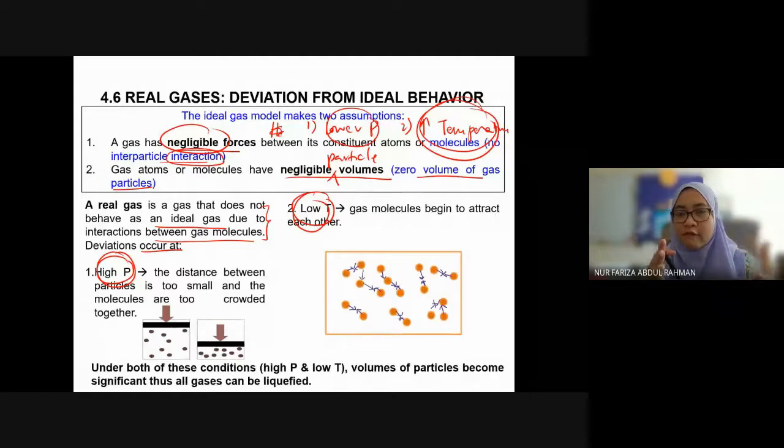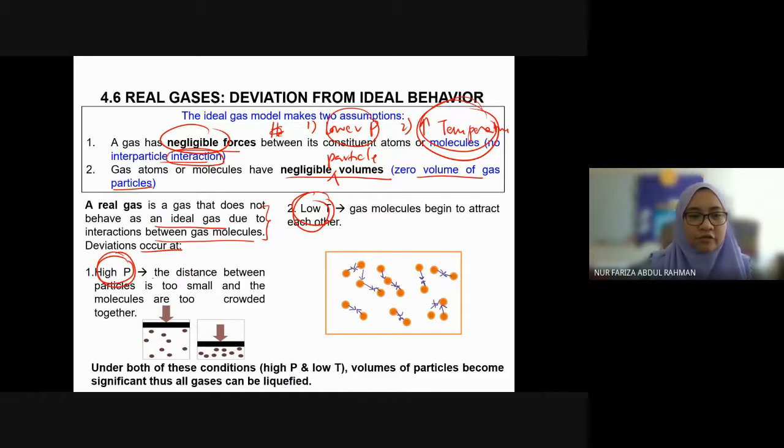They tend to move faster, so they don't have time to interact with one another. There are no intermolecular forces there, they don't experience any attraction. So that is why at high temperature and lower pressure they behave almost ideally. The opposite to that, they deviate from ideal gas behavior.